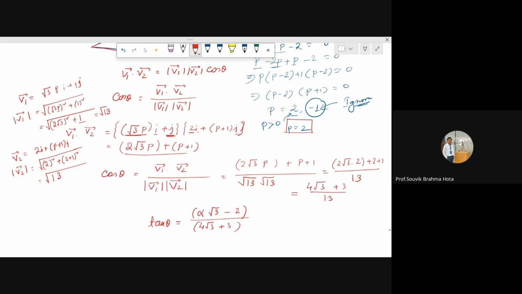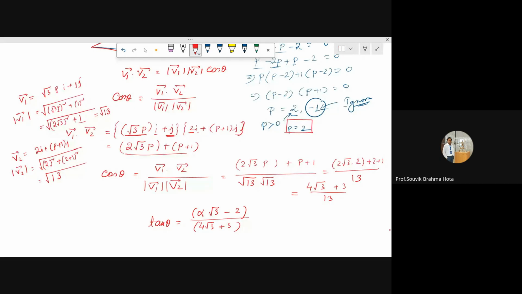If it is given like that, in the tan theta case we can consider one thing from cos theta, one value over here from cos theta. How?